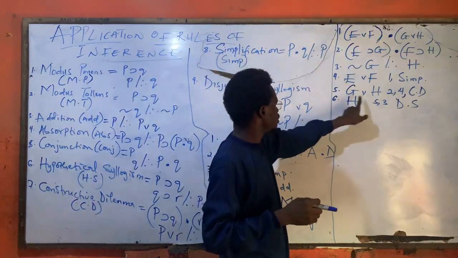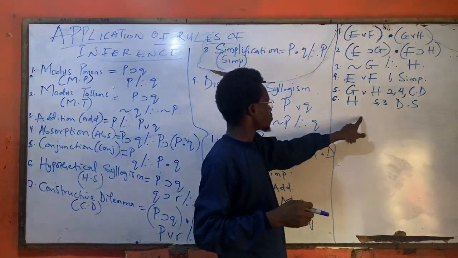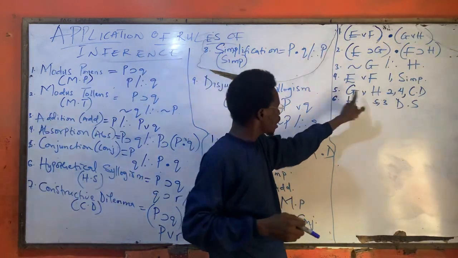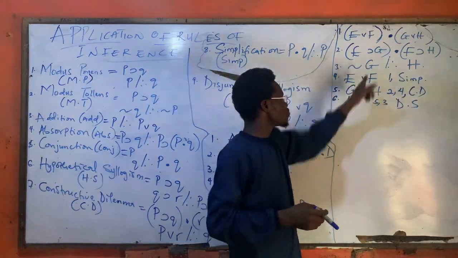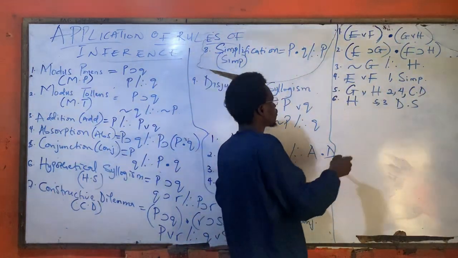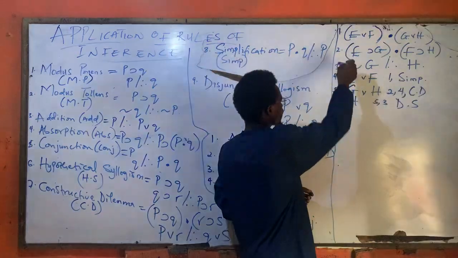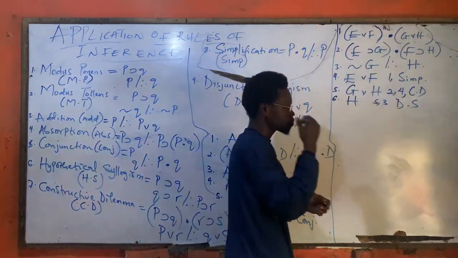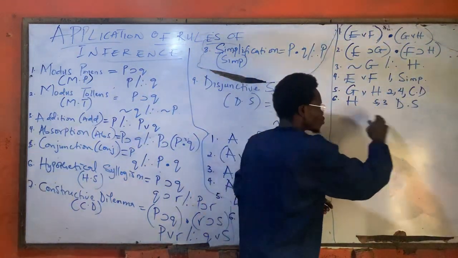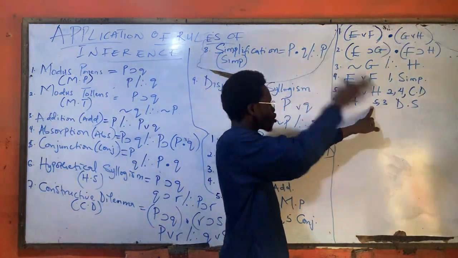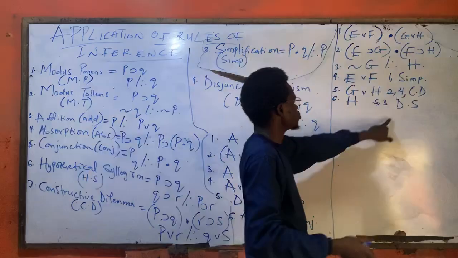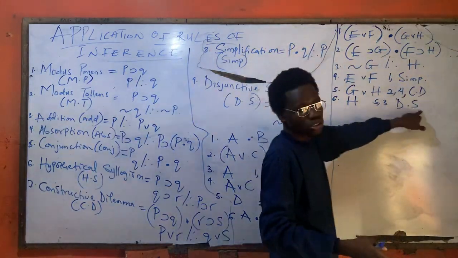Our G or H is our first premise and it is in line 5. Our not G is in line 3, which is the second premise. So it doesn't matter whether 3 comes before 5 or 5 is bigger than 3. The line where your first premise is comes first, then your second premise follows, then you indicate the rule that you used.